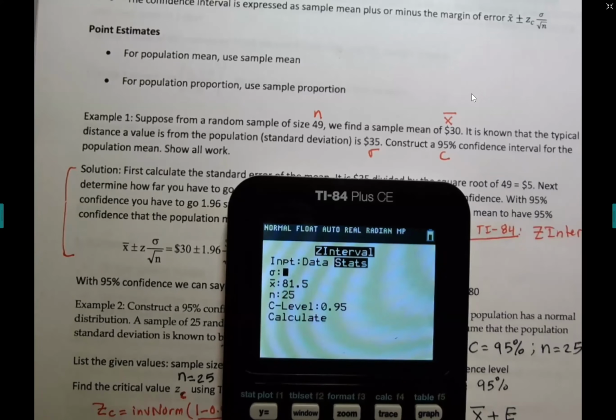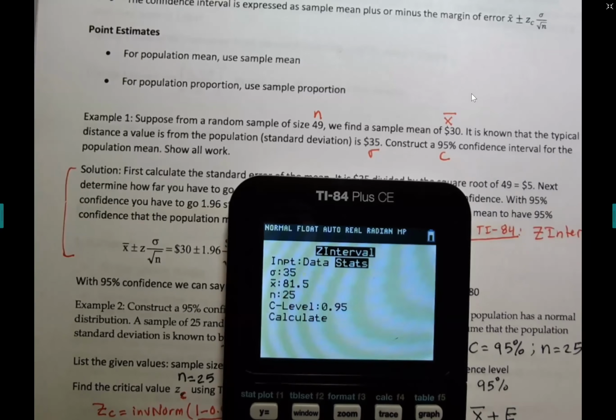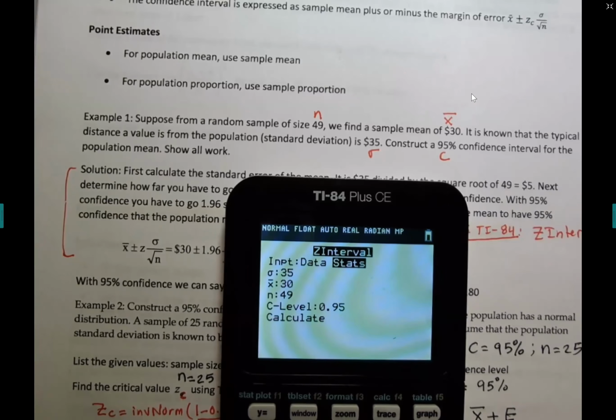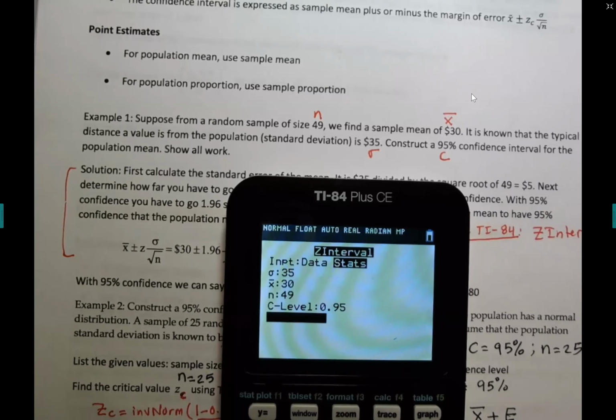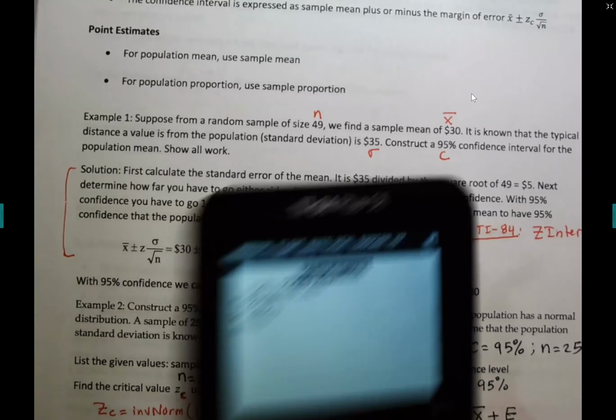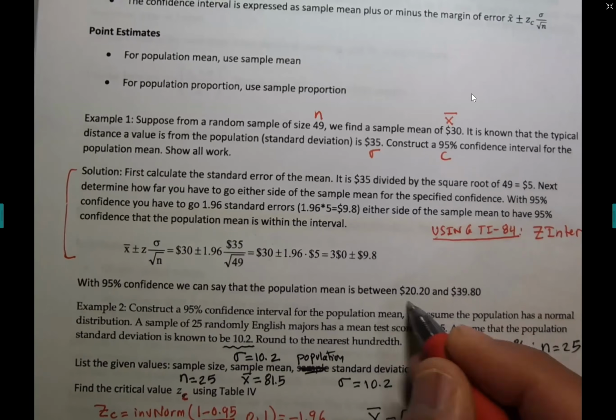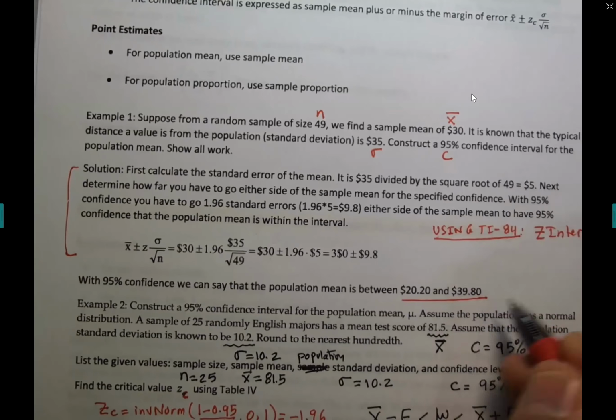X bar is 30. N is 49. And the confidence level, leave it the same. Ready? And let's see if our answer is gonna match with the work that I've done. 20.2, 39.8. Watch, guys.